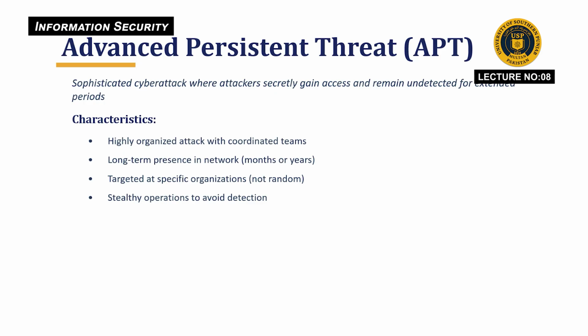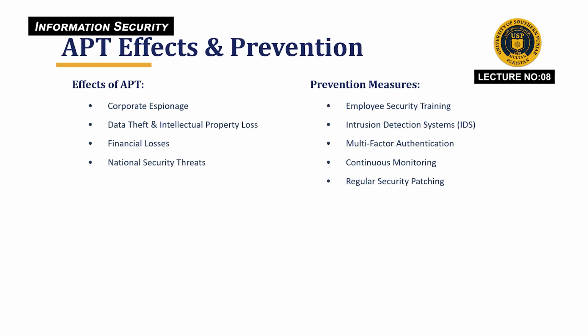APT attacks are dangerous because attackers may remain hidden for months, even a year. APT attacks can cause financial loss, data theft, and national security threats. Organizations prevent APTs using employee training, intrusion detection systems, multi-factor authentication, and continuous monitoring and security updates.